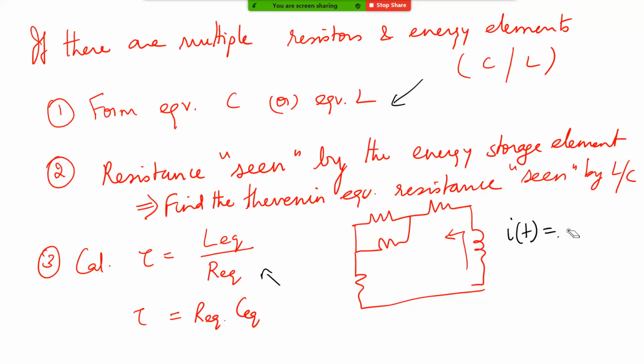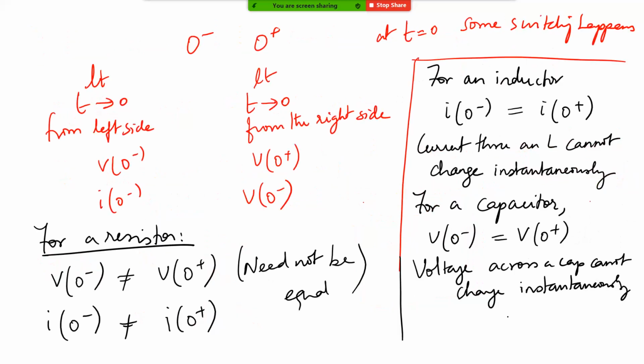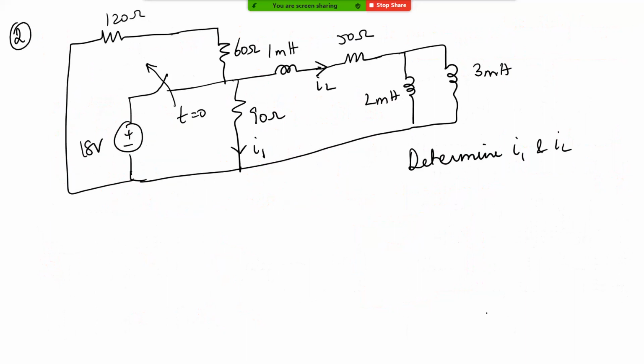For example, if at t equal to 0 something is switching, you need to write it as I of 0 plus e power minus t by tau, or v of t can be written as v of 0 plus e power minus t by tau. This initial condition depends on which particular current or voltage you are looking at. Just keep that in mind, and as we solve this problem, it will become abundantly clear.